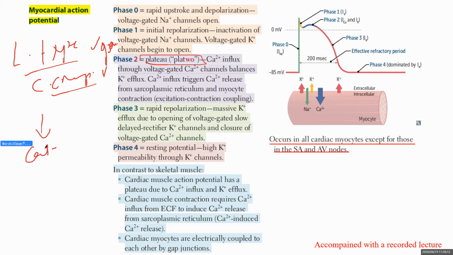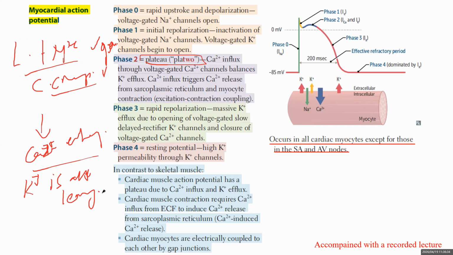When calcium, Ca2+, is entering the cell, during this same time potassium is also leaving the cell. Now, if only potassium were leaving, the membrane would rapidly repolarize.